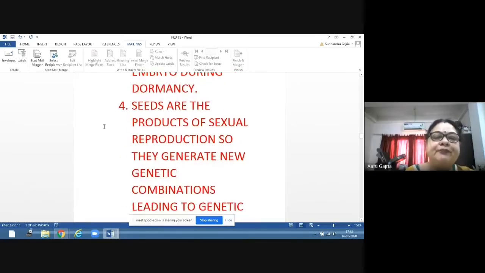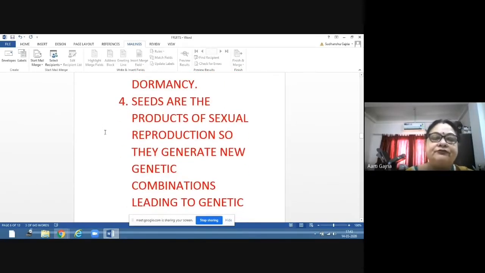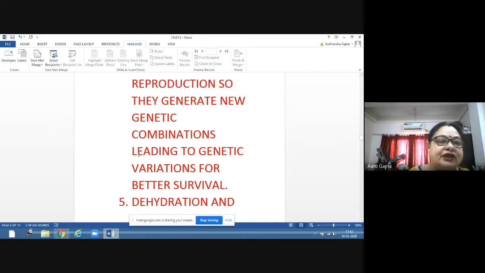Now, seeds are the products of sexual reproduction, because seeds can be formed only when there is sexual reproduction. And what is sexual reproduction? Only when there is mixing of genetic material of male gamete and female gamete. So they generate new genetic combinations. Seeds are the new genetic combination arising by the fusion of genetic material of male gamete and female gamete.